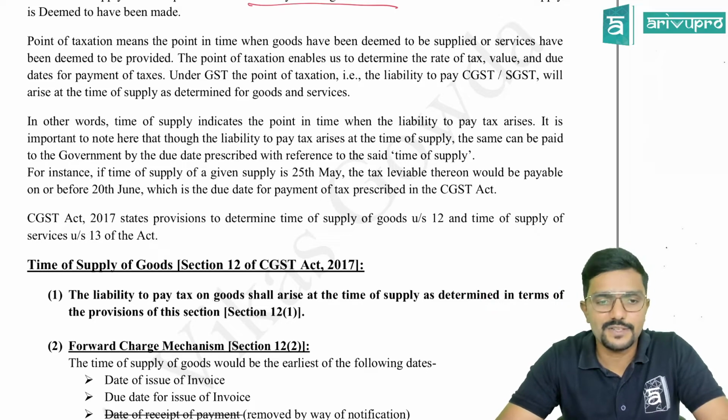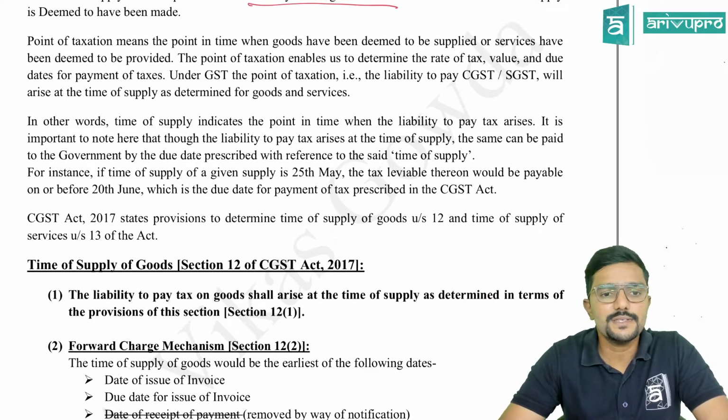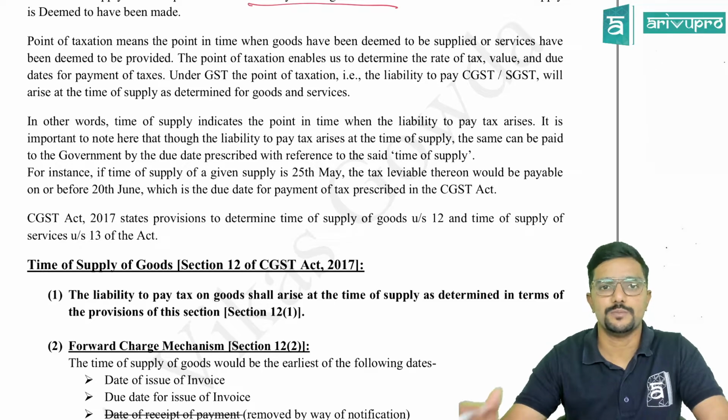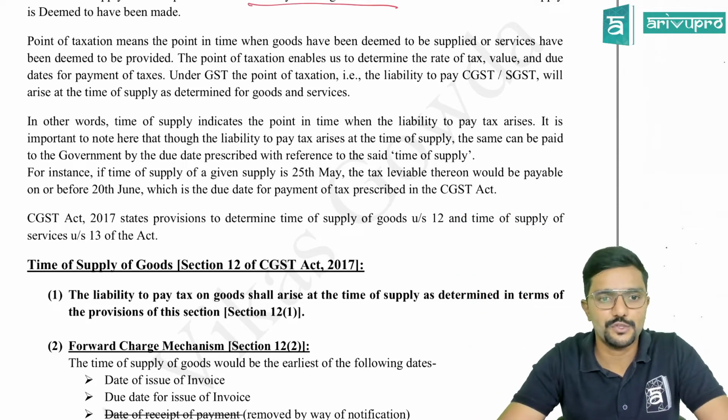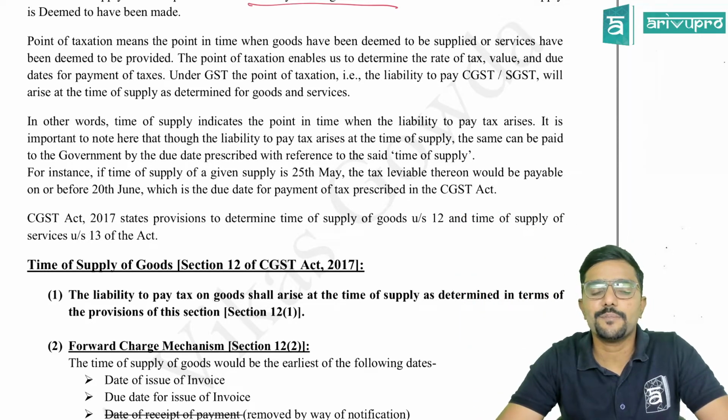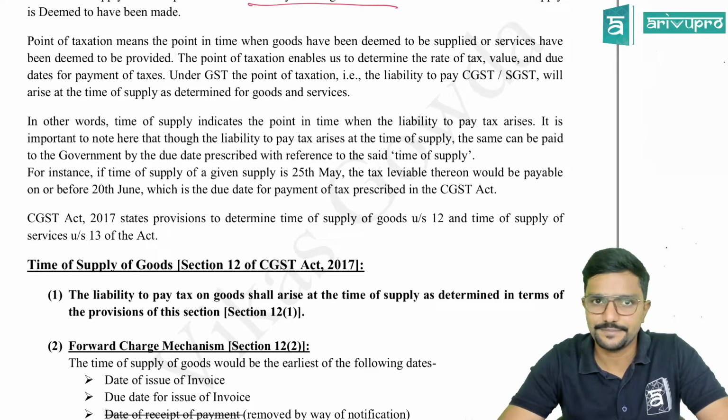For instance, if the time of supply of a given supply is 25th May, the tax leviable thereon would be payable on or before 20th June, which is the due date for payment of tax prescribed in the CGST Act.